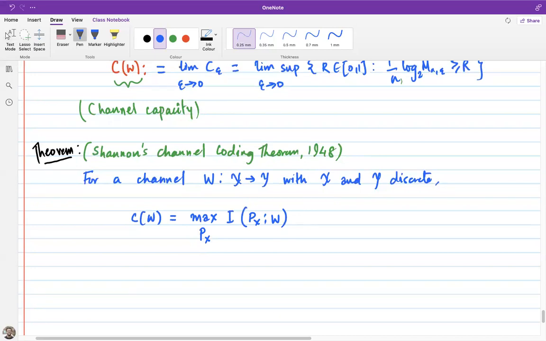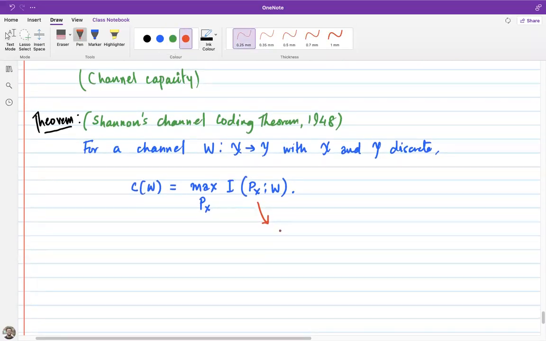Okay. So this mutual information that you see here can be explicitly defined as this quantity.